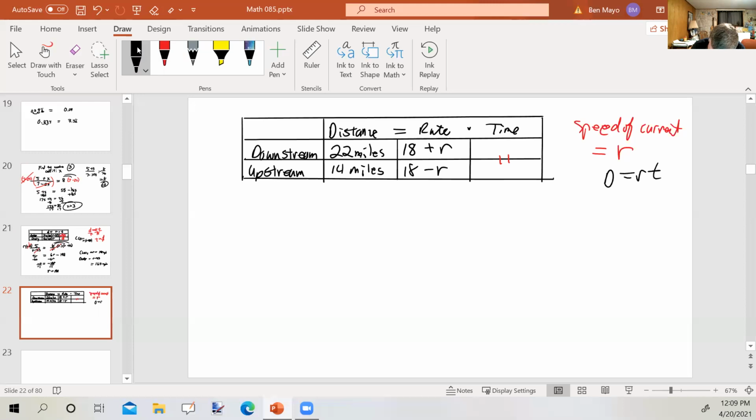distance equals rate times time, so dividing by rate, time equals distance divided by rate. So the first time would be 22 divided by 18 plus R. I'm sorry you can't see that because I didn't make my boxes big again. And the bottom one is 14 divided by 18 minus R. So I've got time equals distance divided by rate.